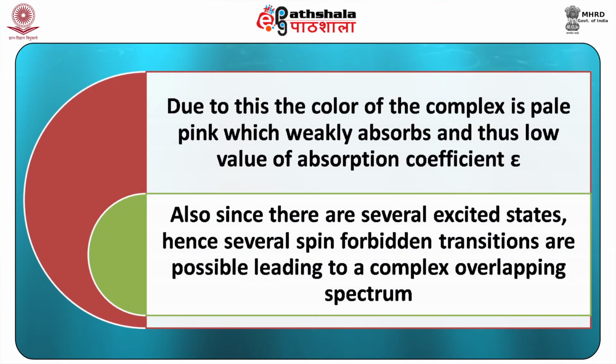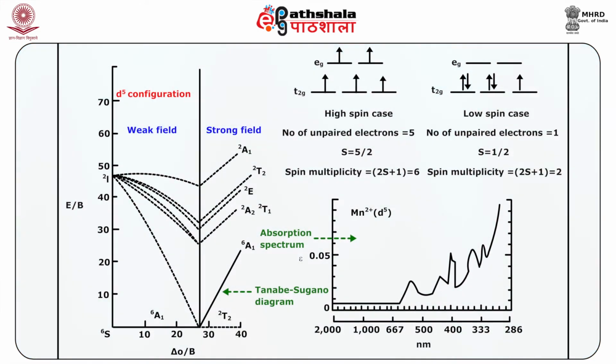Due to this, the color of the complex is pale pink, which weakly absorbs, and thus low values of the absorption coefficient are observed. Also, since there are several excited states, several spin forbidden transitions are possible, leading to a complex overlapping spectrum.